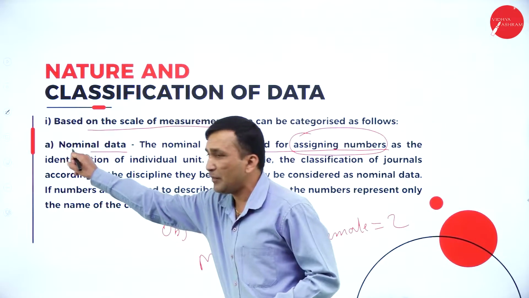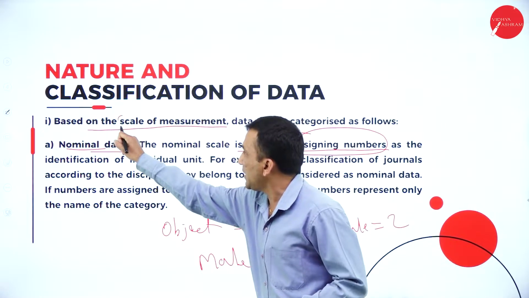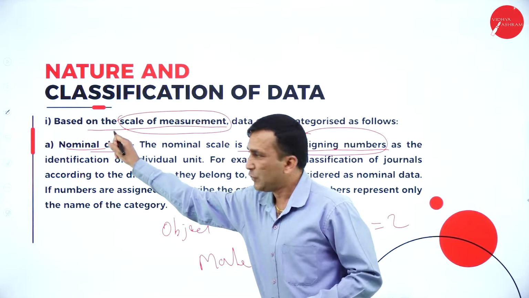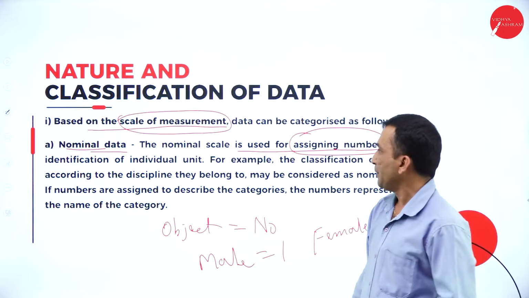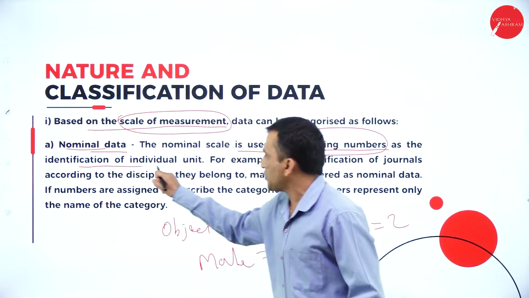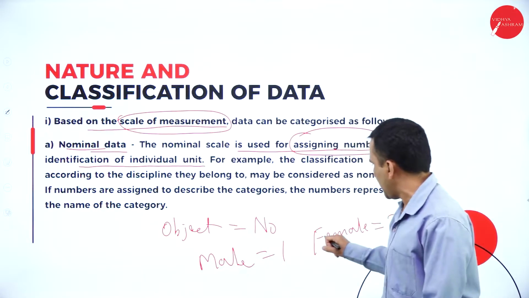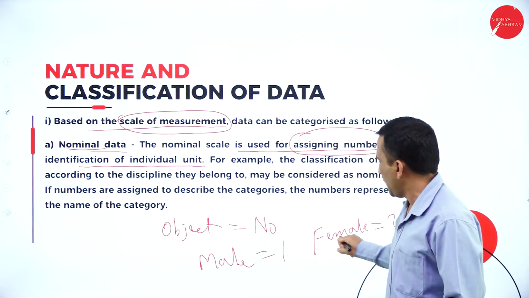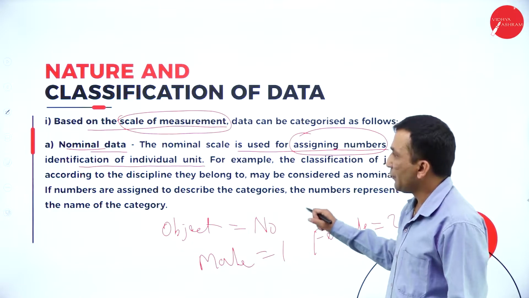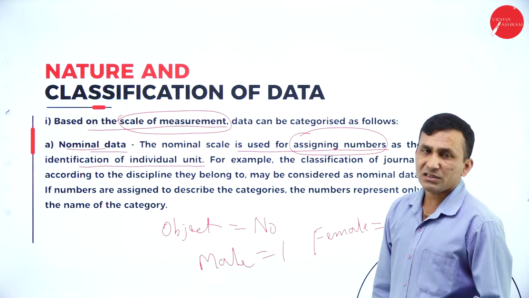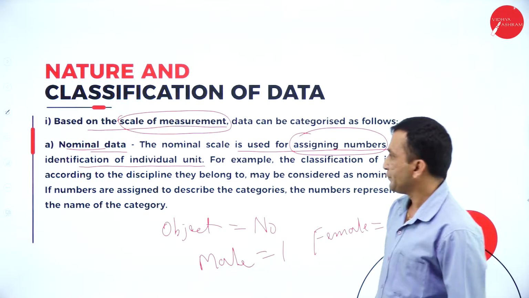Using the nominal scale is very clear, because we are using numbers as identification of individual units. Here, male is one identification, and female is also one identification. So when we assign numbers to the data, we can easily identify it.